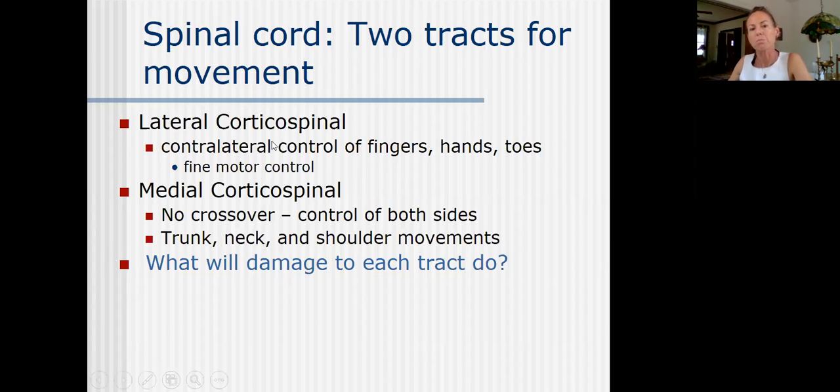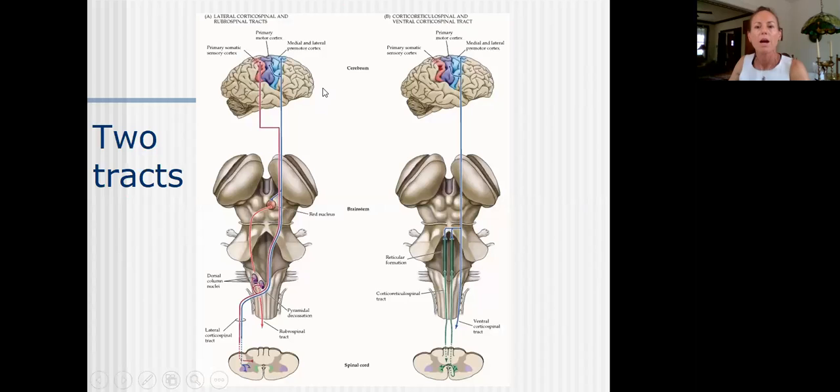And then there's the medial corticospinal, and these tracts go down the spine to control your trunk, your neck, your shoulders, everything closer to the middle, therefore medial. In the medial corticospinal, there's no crossover of tracts, so we have what we call same side control, or ipsilateral control. And then the lateral corticospinal has contralateral control, and you'll see that in the next slide here.